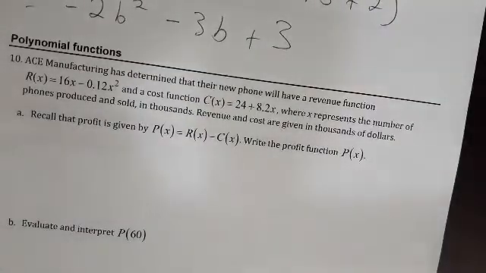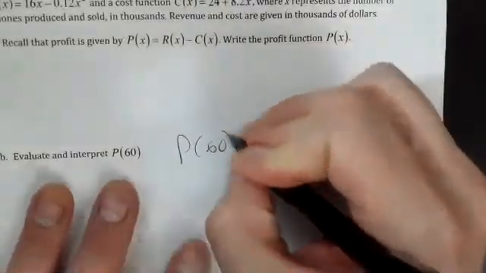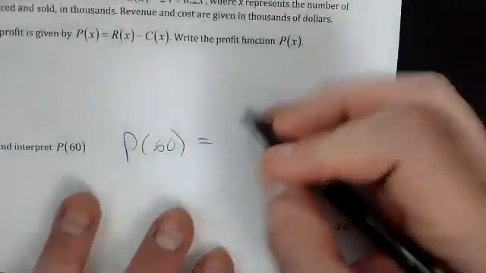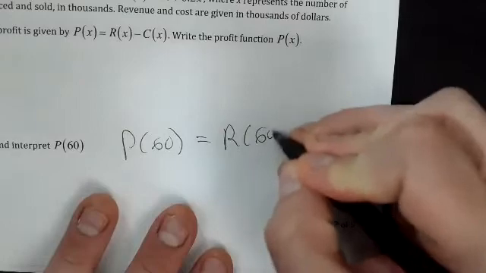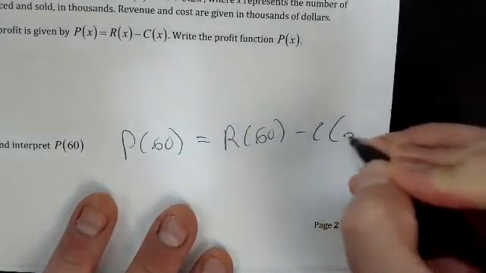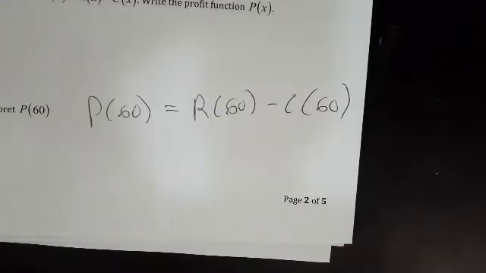I hadn't done it yet, but there's another way you can probably approach this. If we know P of X is R of X minus C of X, then P of 60 is R of 60 minus C of 60. You can go and plug this into those other independent functions.